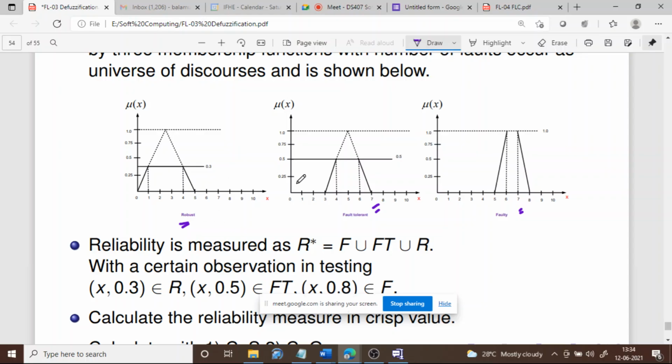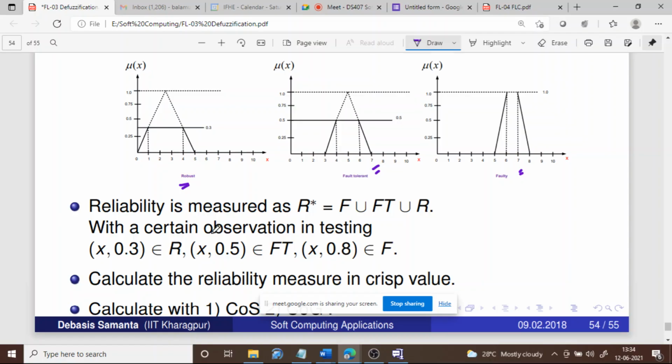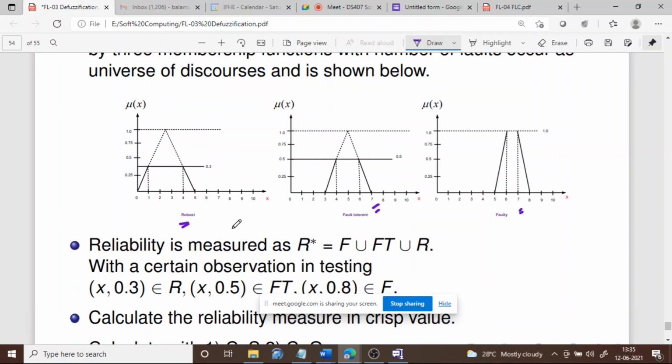For all these membership functions, certain parameters were observed in testing: 0.3 for robust, 0.5 for fault tolerant, and 1.0 for faulty.